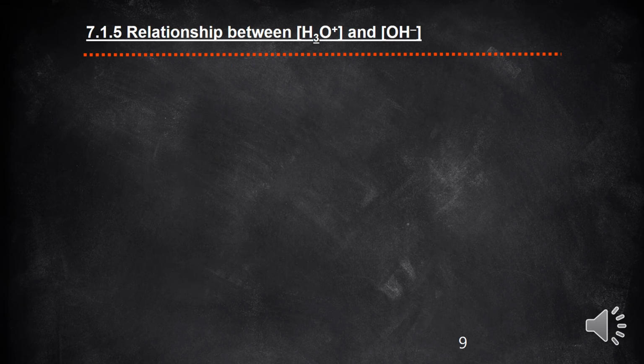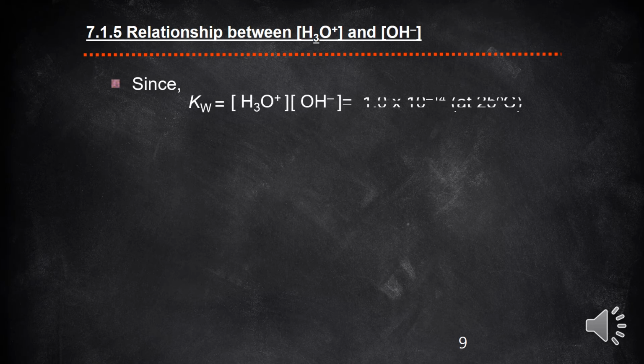In pure water, the concentration of hydronium ion and hydroxide ion are equal. By substituting the value for hydronium ion concentration and hydroxide ion concentration at 25 degrees Celsius into Kw expression, we get the value of 1.0 times 10 power of negative 14.